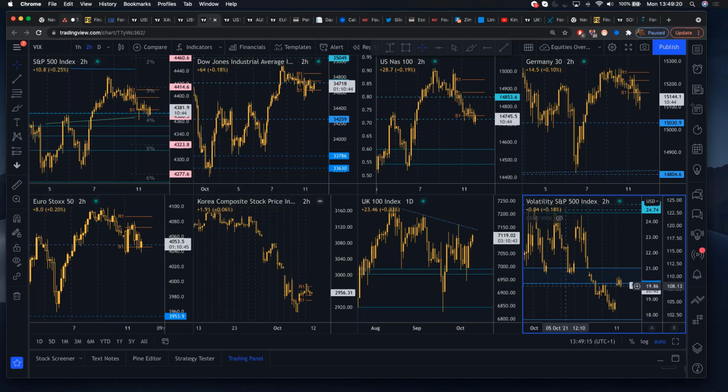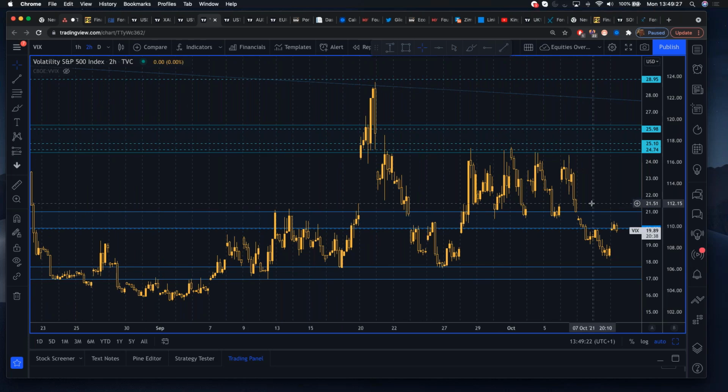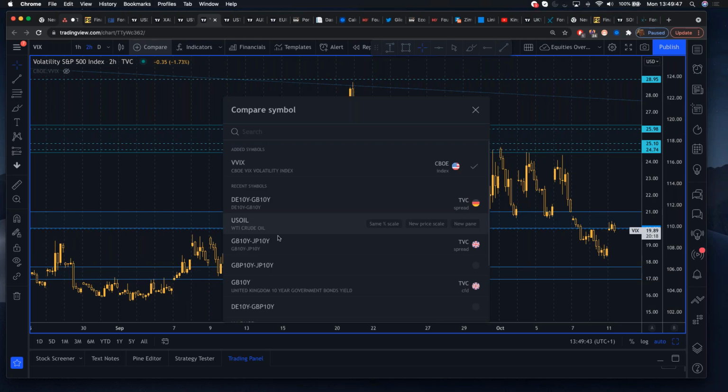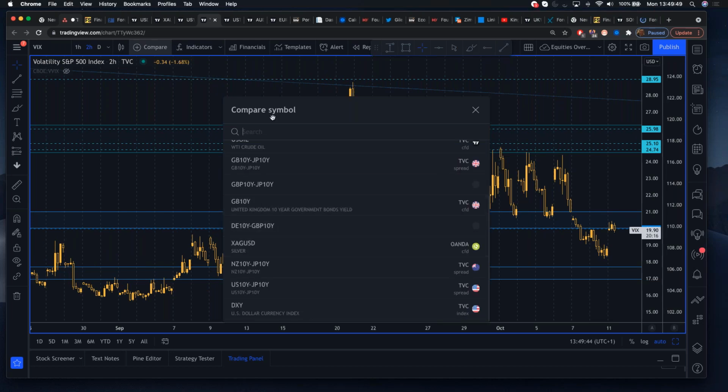Now, the chart to look at for stocks is the VIX, the volatility index. This is based on the options being traded on the S&P 500, and basically this VIX reading rises when investors are scared and they're hedging their longs. So when this rises, you typically see stocks falling. So let me show you, if I just put the S&P 500 onto this chart.